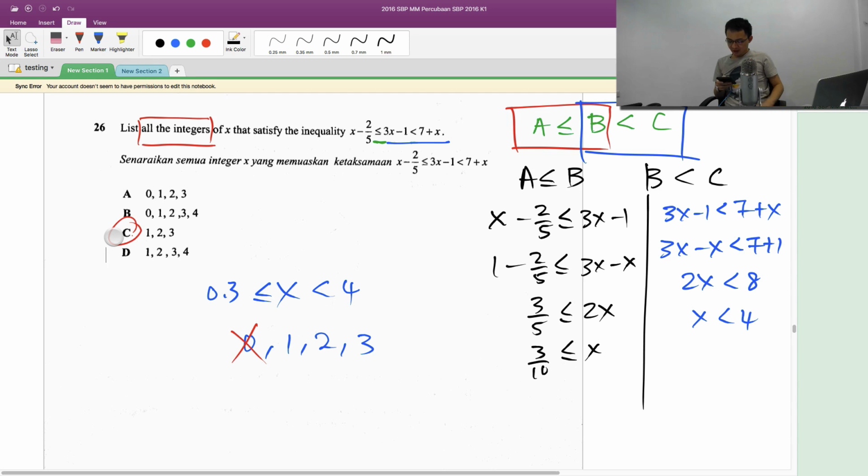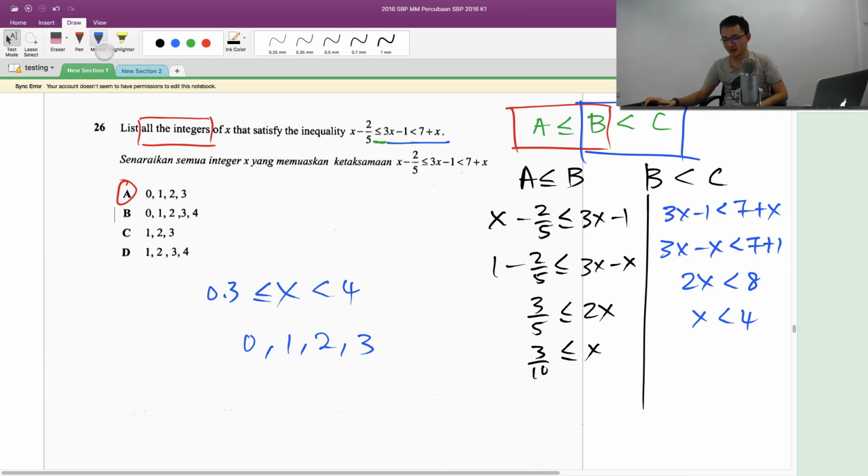So there's some argument here. Some say 0 is an integer, some say 0 is not. But if you ask my opinion, I guess 0 should be an integer. So is A wrong?